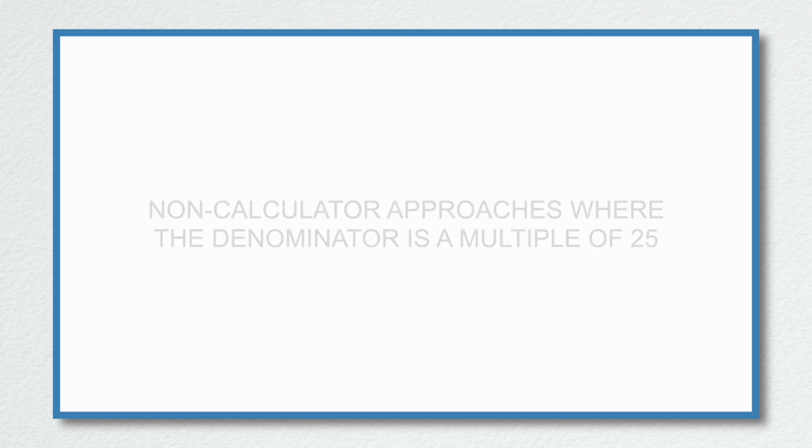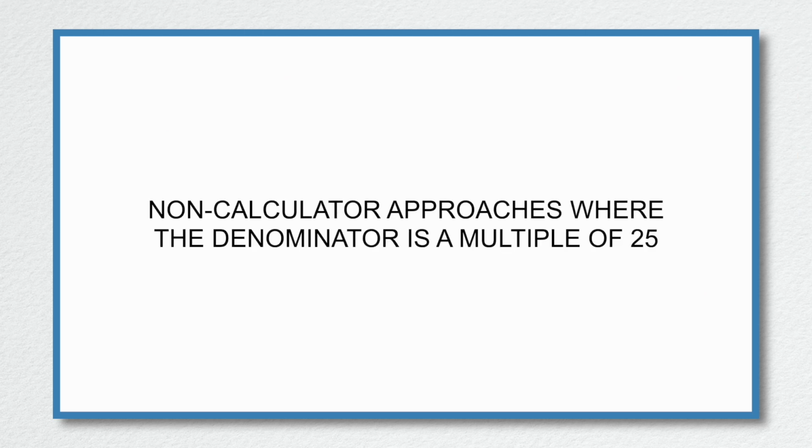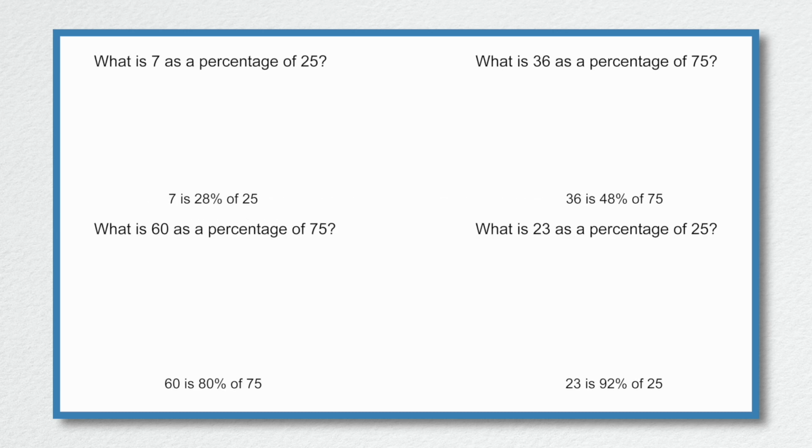Other types of questions you might need to be aware of are those where you're having to think about multiples of 25. And what I mean by this is when we create the fraction from the problem, the denominator of that fraction is 25, or a multiple of 25. Again, I'll show you what I mean. What is 7 as a percentage of 25?